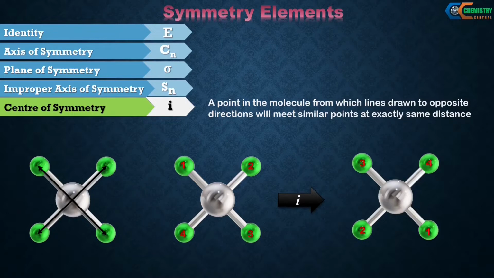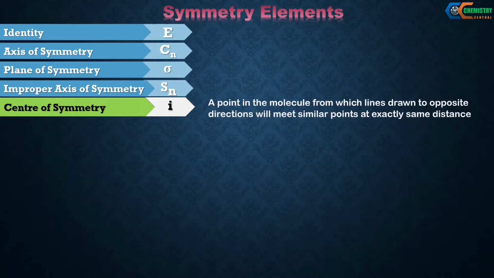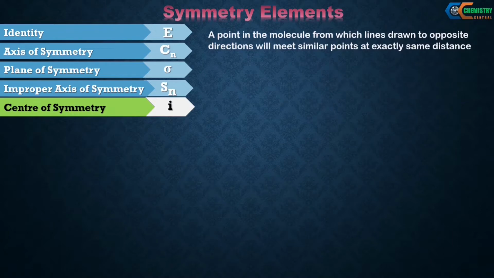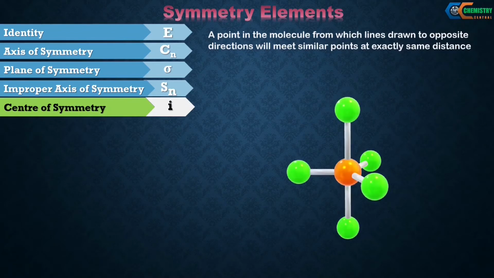Some molecules, although they look symmetrical, may not possess center of symmetry. Take phosphorus pentafluoride for example. In this molecule, two axial fluorine atoms are at the same distance in opposite direction from the center of the molecule.